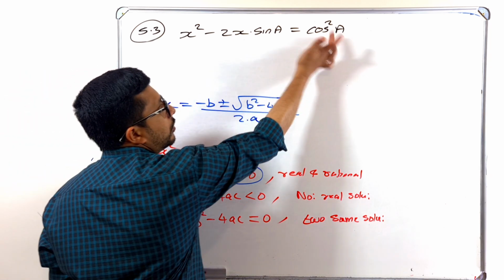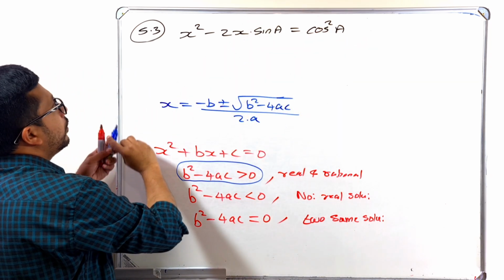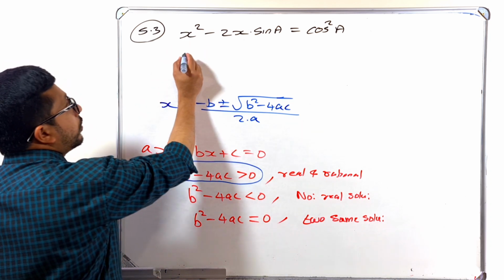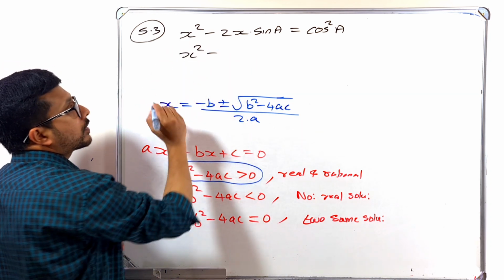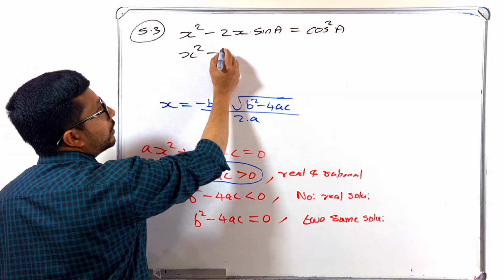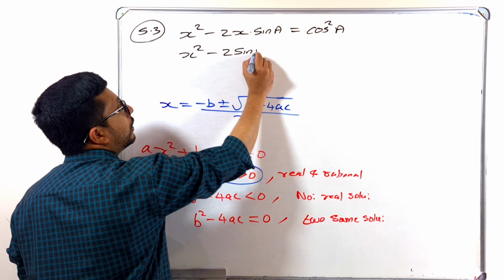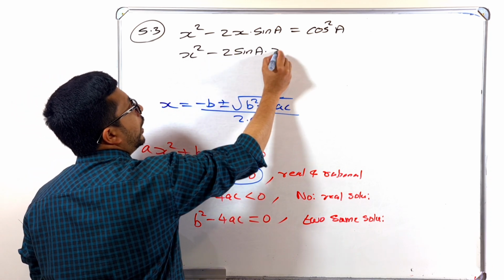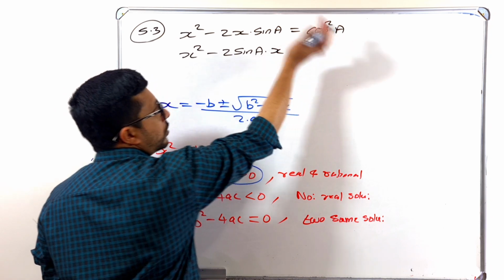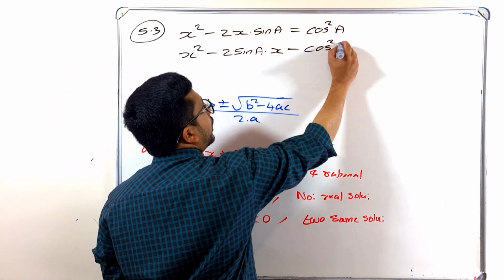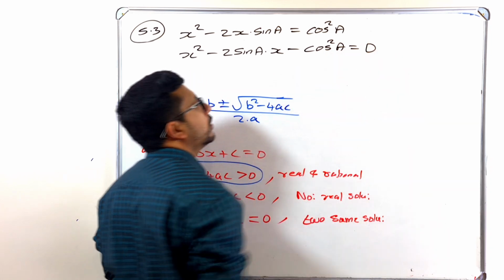Let's take this one to this side. Look at how I am going to write this: x squared plus 2 sine a into x, then take this cos squared a to this side, so minus cos squared a is equal to 0.